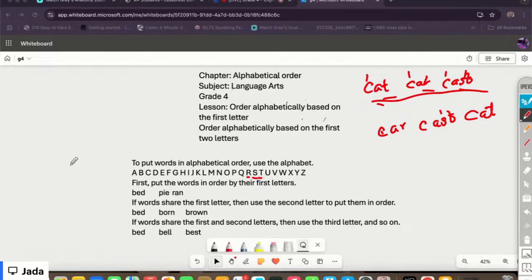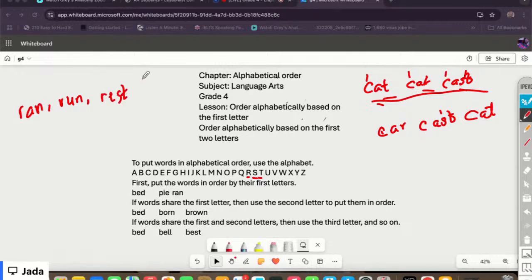So let's check for some with the same. Okay, so let's say we have run, and we have run, and we have, what word are we gonna use now?